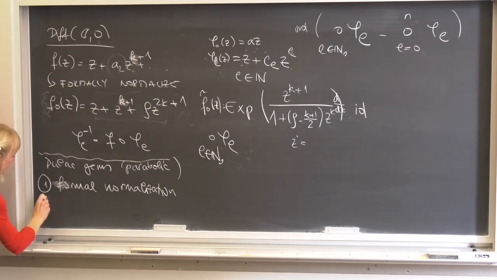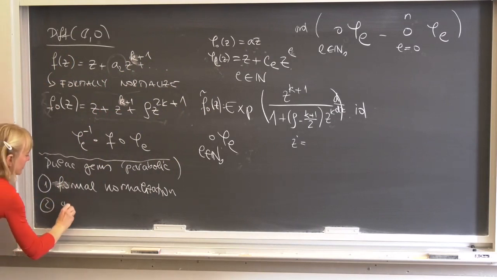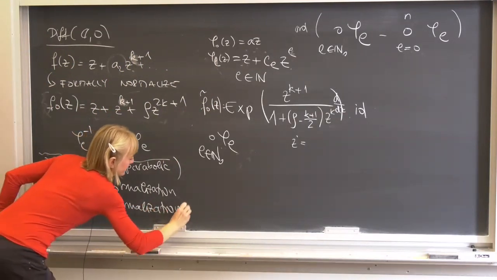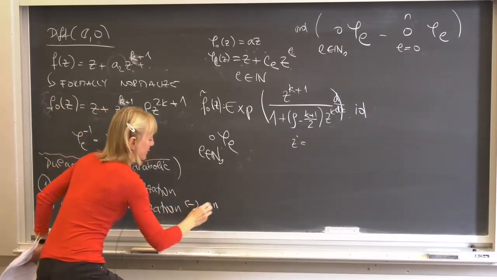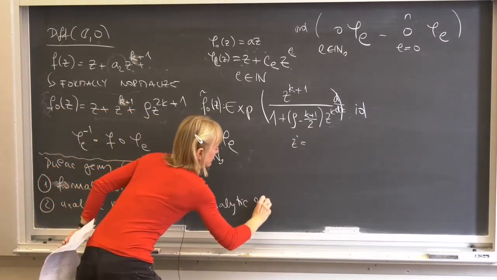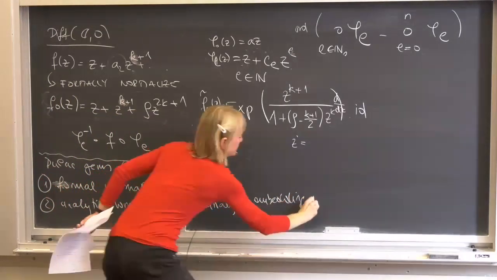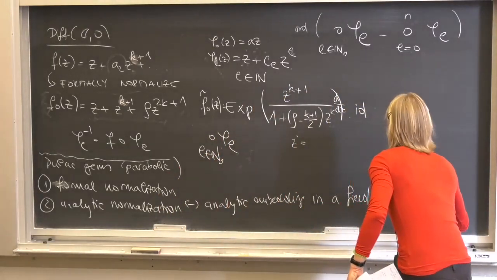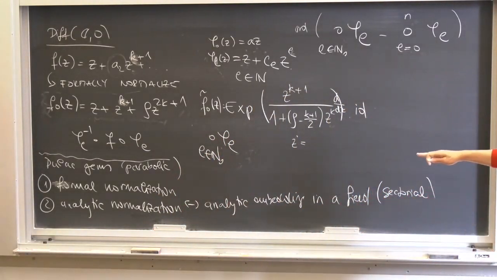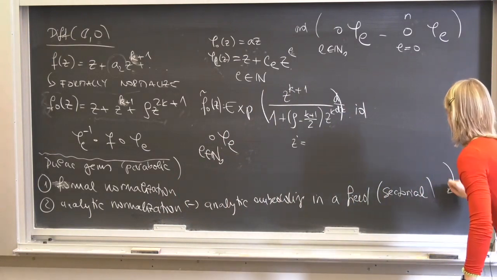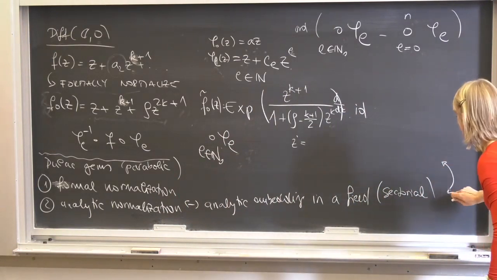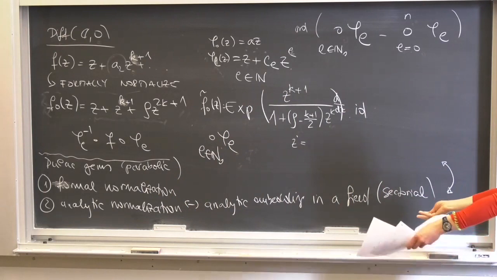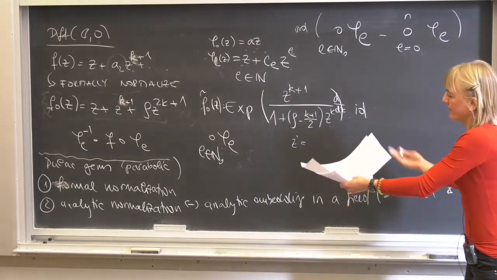So first is formal normalization, and second is analytic normalization. That is the same as being analytically embedded in a field. It will be sectorial, and somehow the relation: once we have formal normalization, how do we sum it to get the analytic normalization?